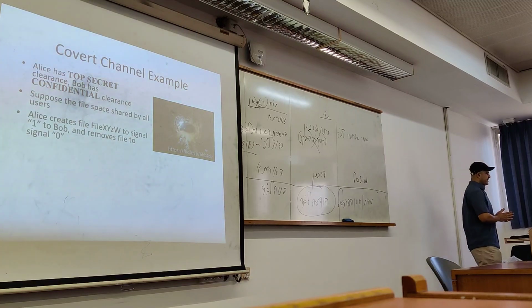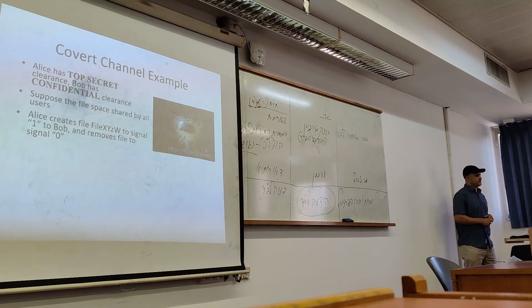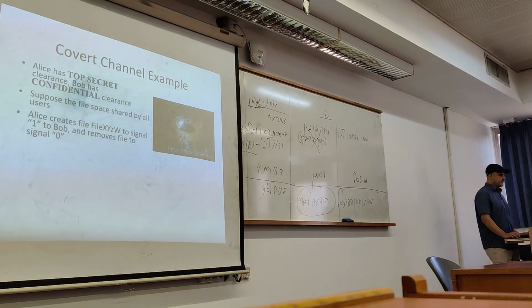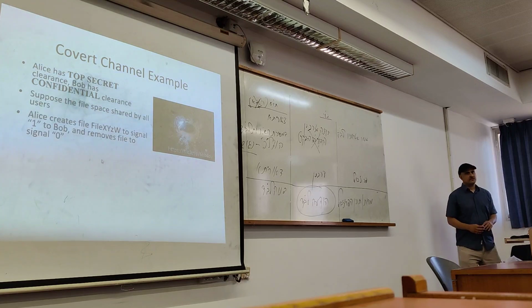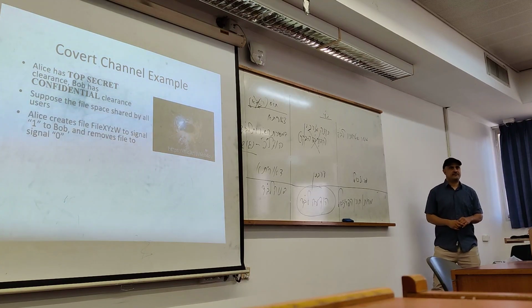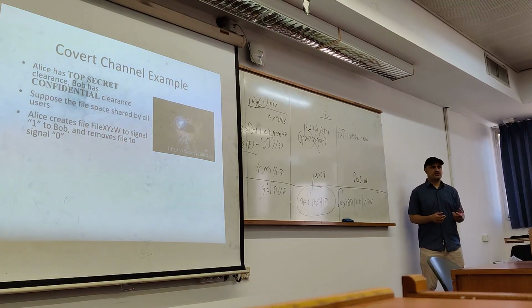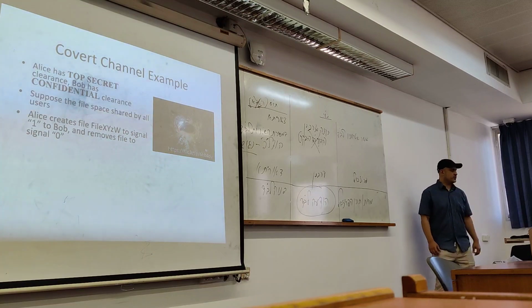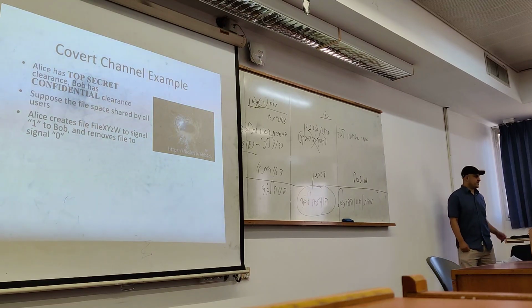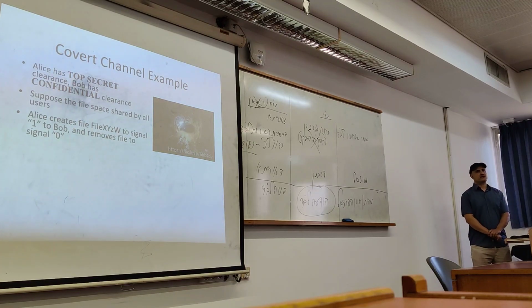So, what we are going to need, let's try to elaborate that. What are the conditions needed in order to pass the information? Let's find the conditions that are needed in order to get this covert channel.